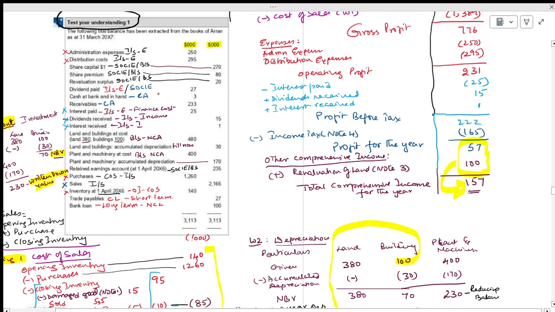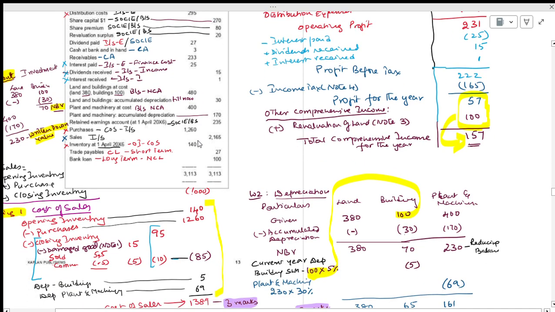Now, from where will you pay dividends? You are doing business. You will pay dividends every year. From which amount will you pay dividends? Profit. Current year profit. How much is the current year profit?